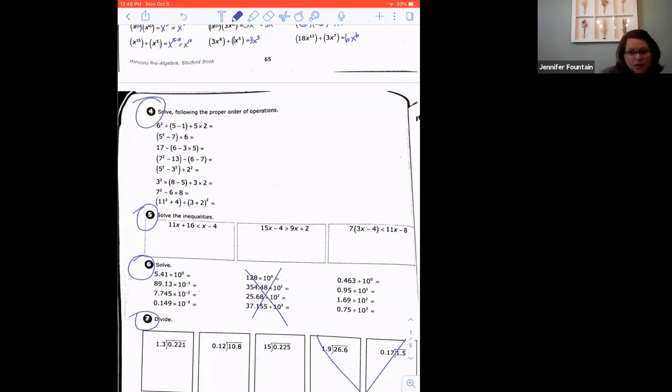Any questions in that column? Okay, right-hand column. The first one is 0.463. Underneath that, 0.095. Underneath that, 0.0169. Then the last one in that column is 0.00075. Any questions on that column?